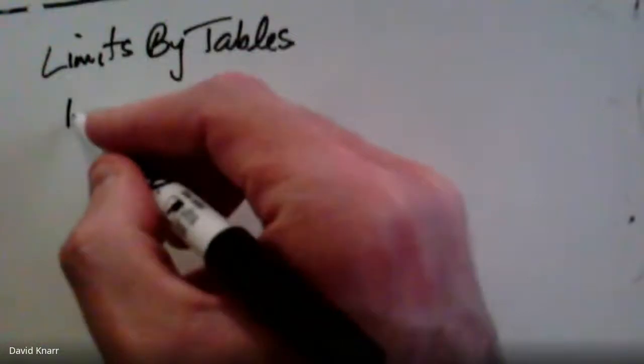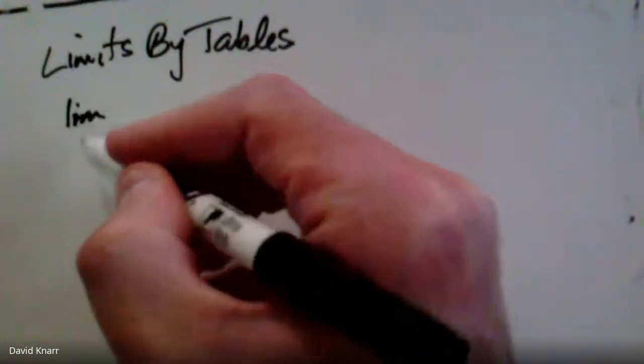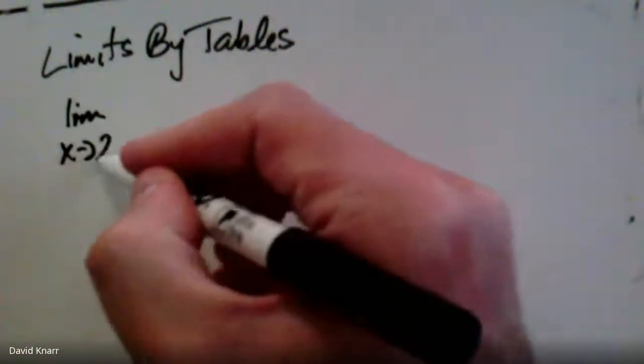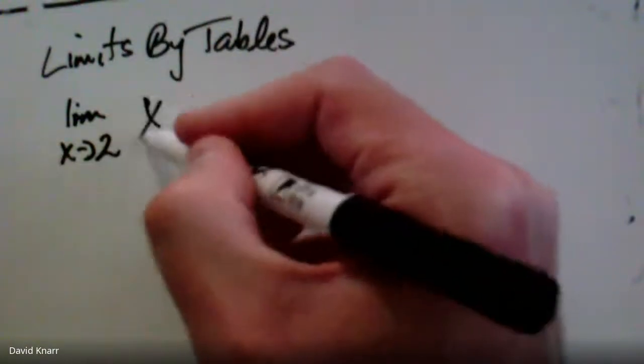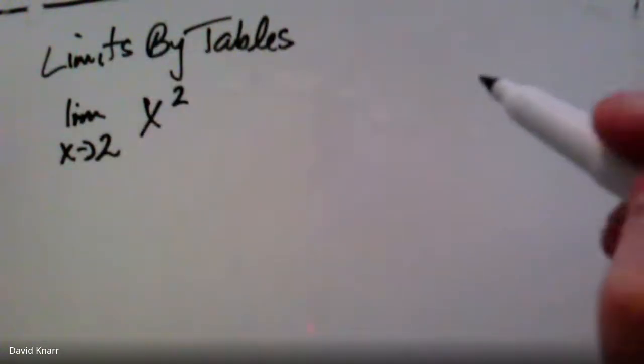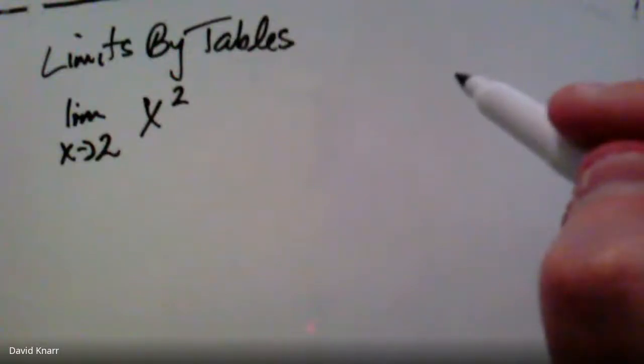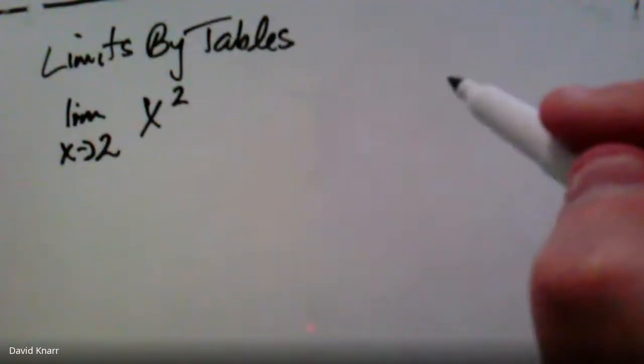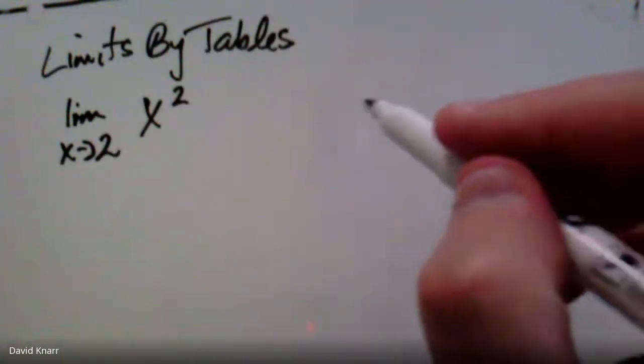All right? So let's say I asked you to calculate for me the limit as x goes to 2 of x squared. Now, you're saying, it probably should be pretty easy, right?